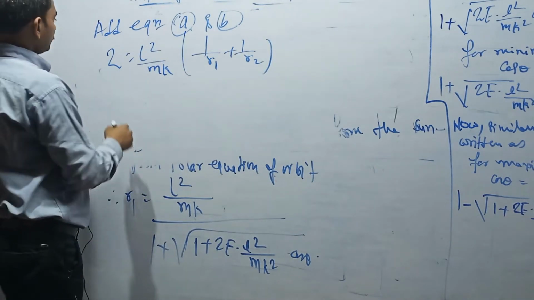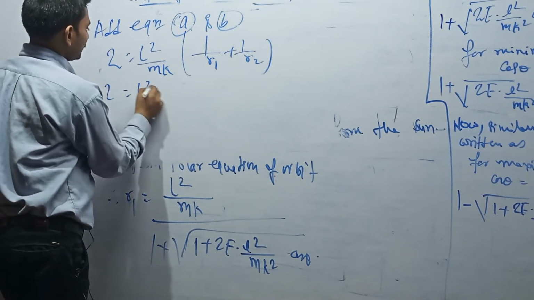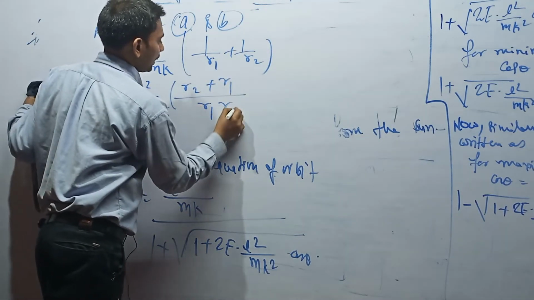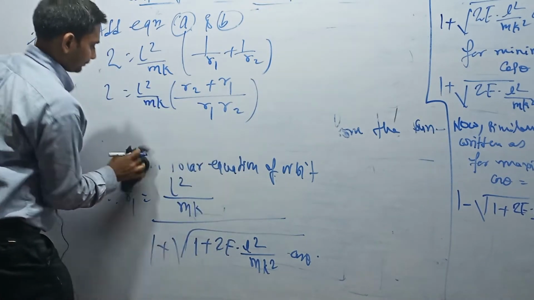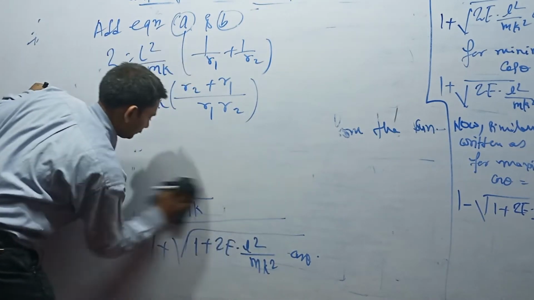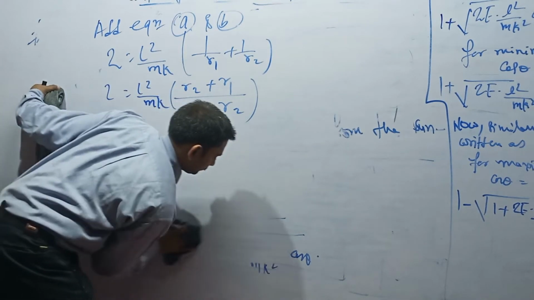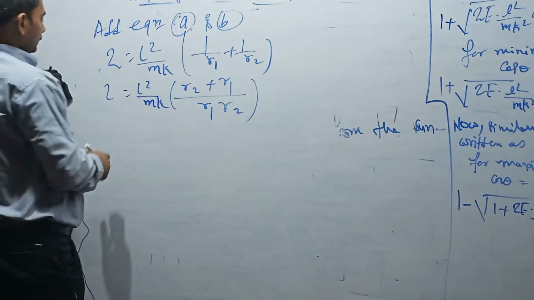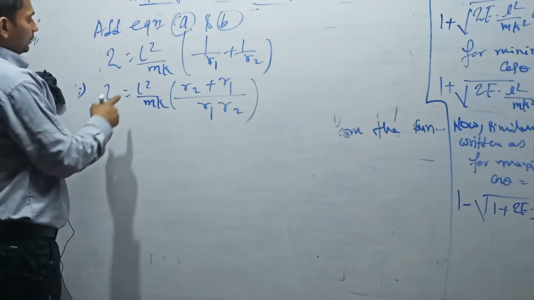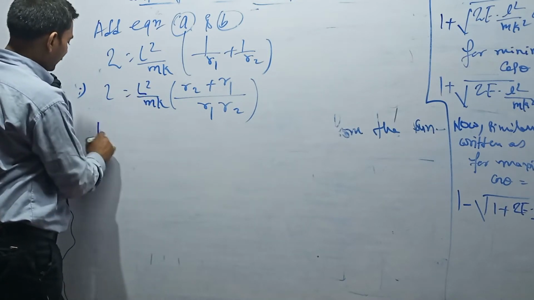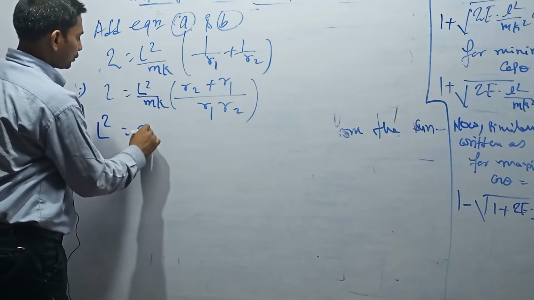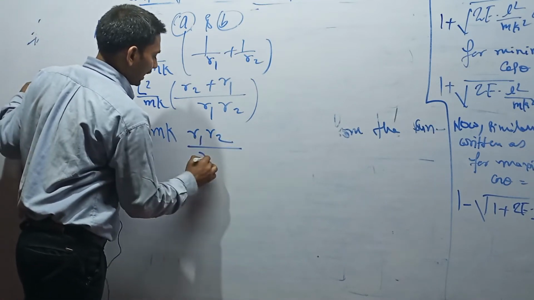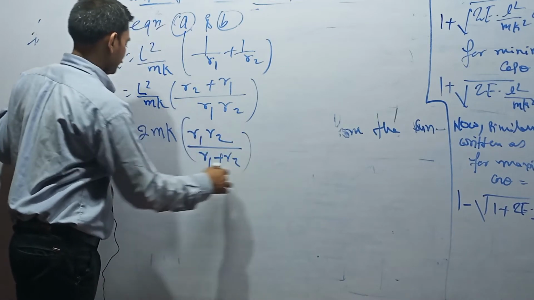So 2 is equal to L square upon mk times r2 plus r1 upon r1 r2. Here L square, the angular momentum squared, equals twice mk times r1 r2 upon r1 plus r2.